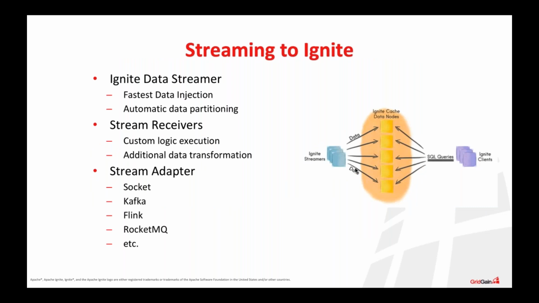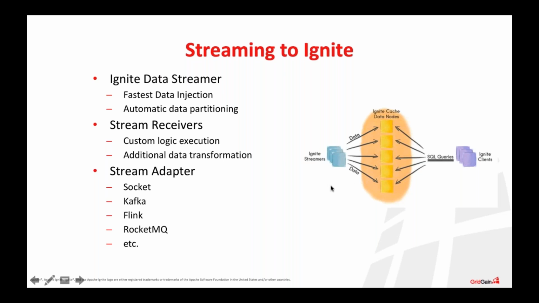Well, that was the data grid. This is how Apache Ignite stores the data. And to help Apache Spark to stream the data into Ignite, we have a special streaming API that is a part of Apache Ignite. The first thing to mention here is Ignite Data Streamer, the basic component that is shown on the left.